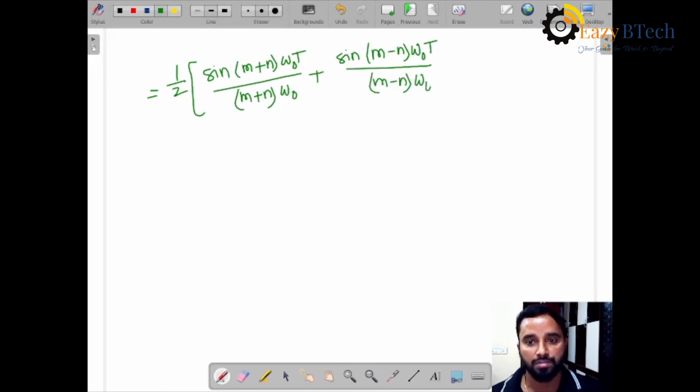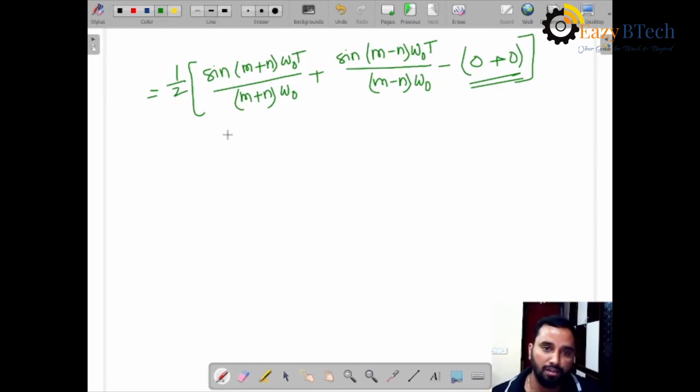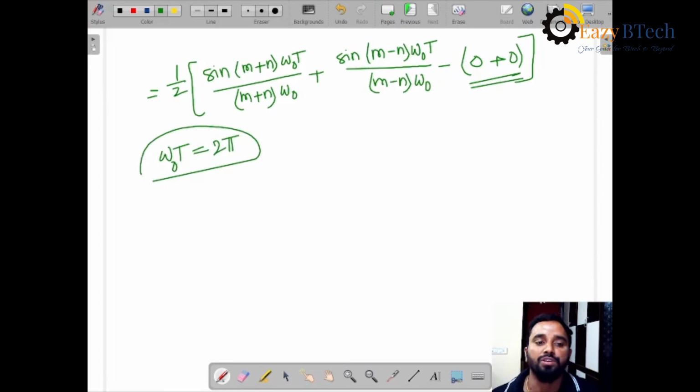Only the upper limit I substituted. The lower limit is 0, so sine 0 is 0. This is the lower limit value. Now already we know that omega naught into T is equal to 2 pi.